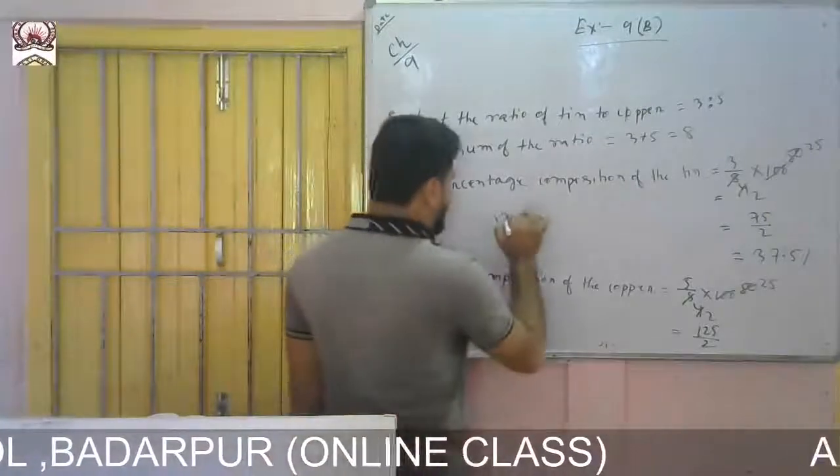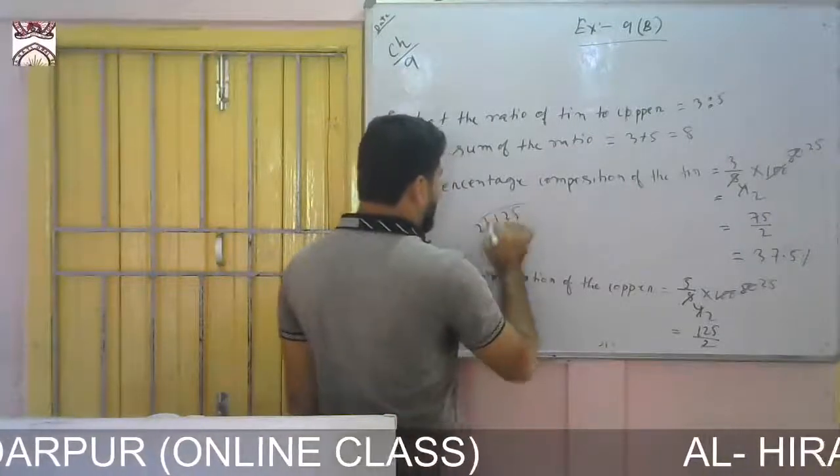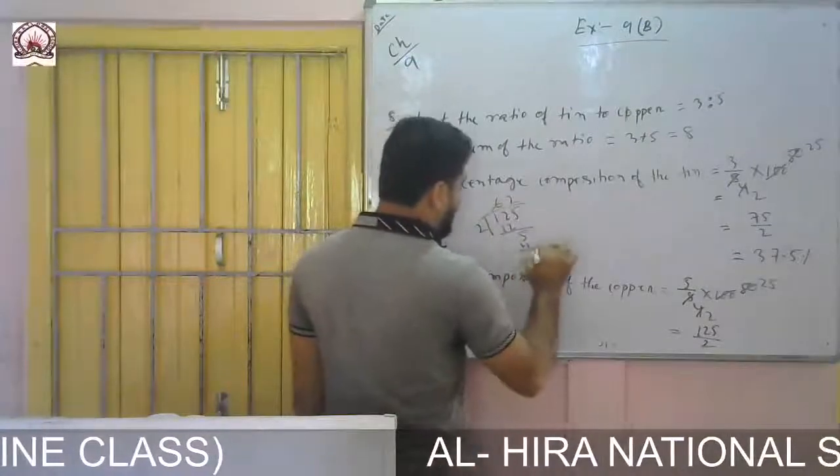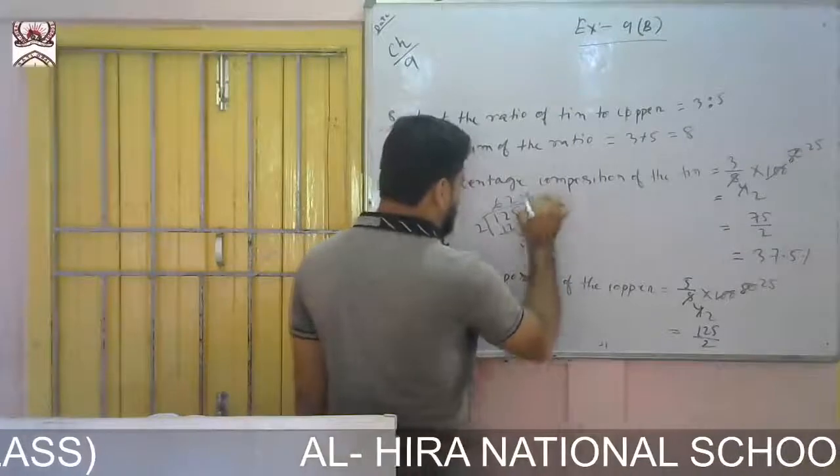If you divide 125 by 2, 2 6s are 12, remain 5. 2 2s are 4, remain 1. Point, give 0. 2 5s are 10.